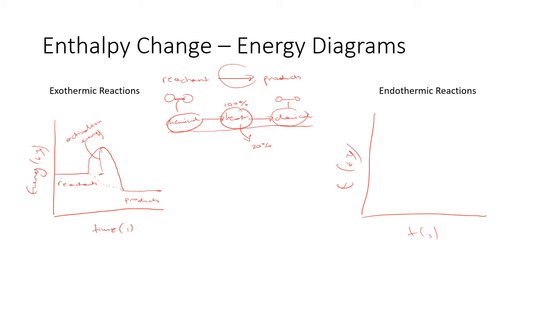Now let's do the same for endothermic reactions, okay? And let's copy this system down again. So we've got chemical into heat into chemical again. In this case, we've got 100% of heat here, okay? But energy is coming into the system from the surroundings because, once again, this is an endothermic reaction.